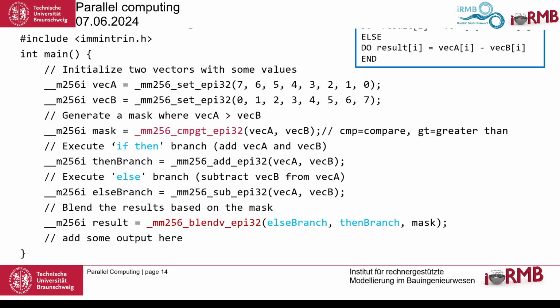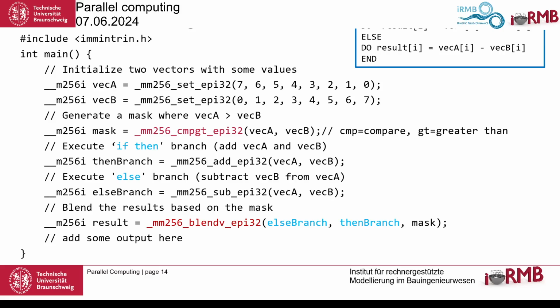Then what you do is you do the then branch and you do the else branch. You always have to do both. And then you merge these two results by another function that is called blend. The blend function takes the first result, the second result, and the mask.